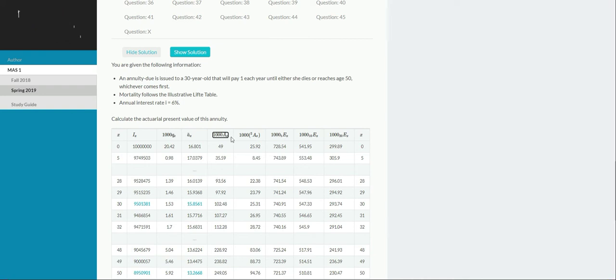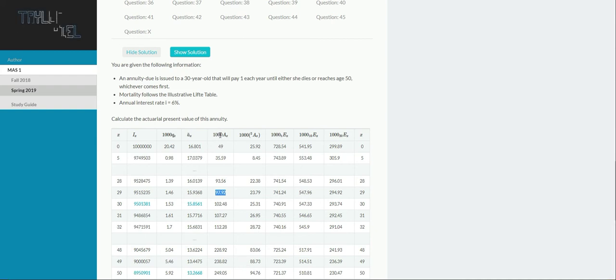It's the expected present value of all those payments. Next, this capital A, this is saying what is the expected present value of a payout, in this case, a $1,000 payout upon death. So starting at whatever age you're at, I can either get $1,000 and it's worth $1,000, or I can live to be 29, and so I take that $1,000 and discount it back 1, and so on and so forth.